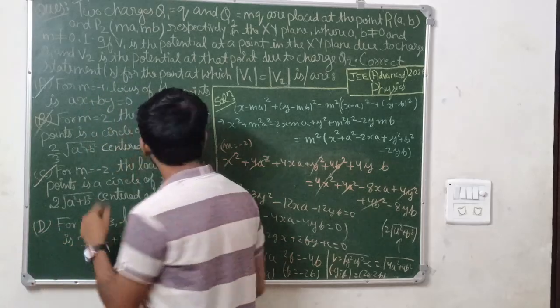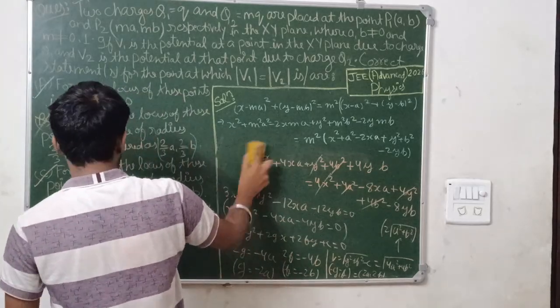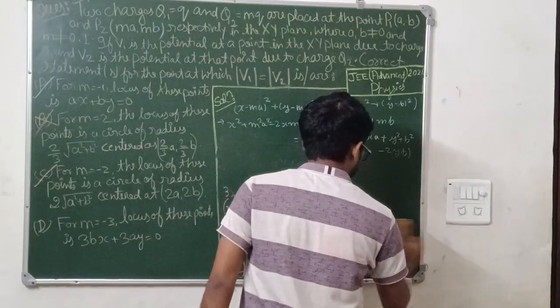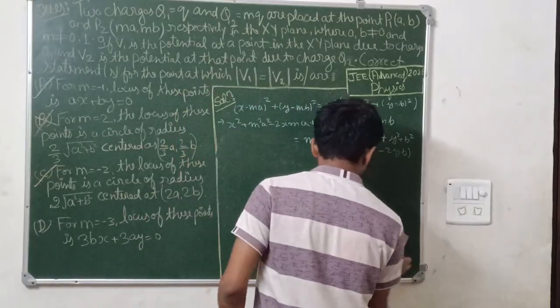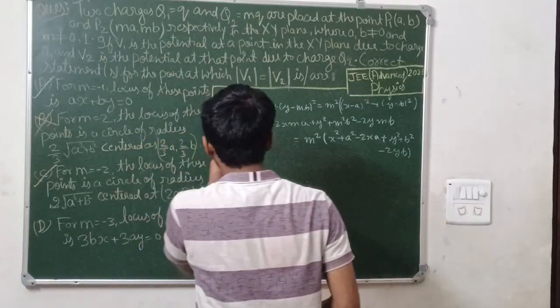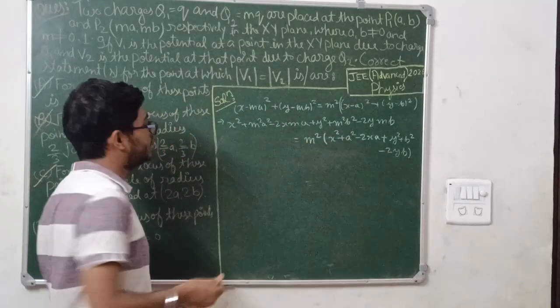Now the last option, m is equal to minus 3. Now for m is equal to minus 3, you can substitute it here.